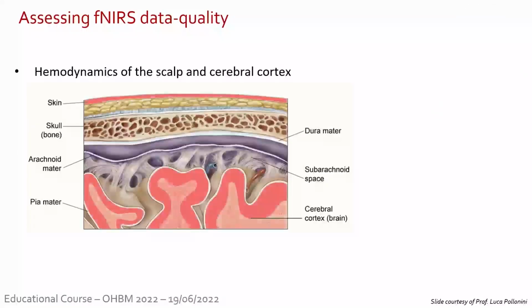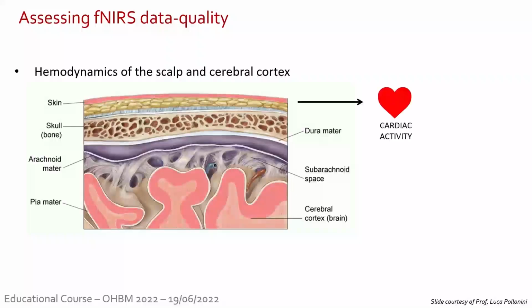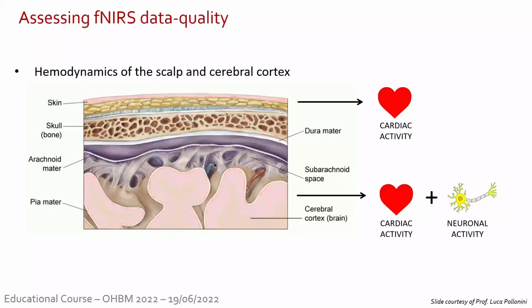That's when I started to collaborate with Luca Pollonini from the University of Houston, because he was developing a tool to assess data quality based on the cardiac pulsation present in the data. The idea behind it is that we all know the pulsations coming from the skin are mainly driven by cardiac activity, while the pulsations coming from the cortex are driven by cardiac activity and neuronal activity.